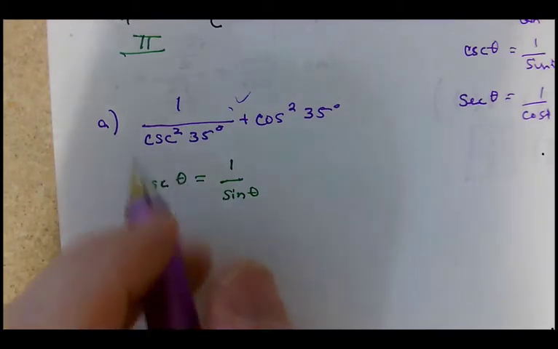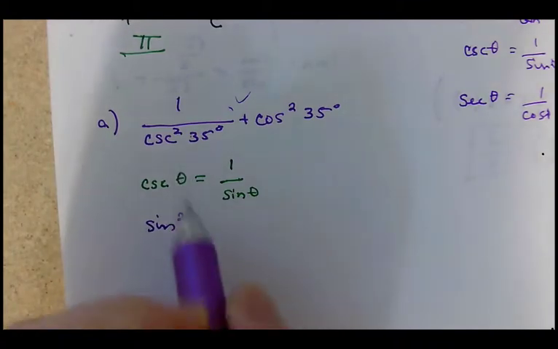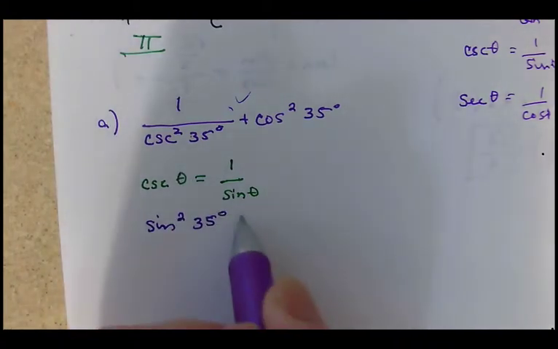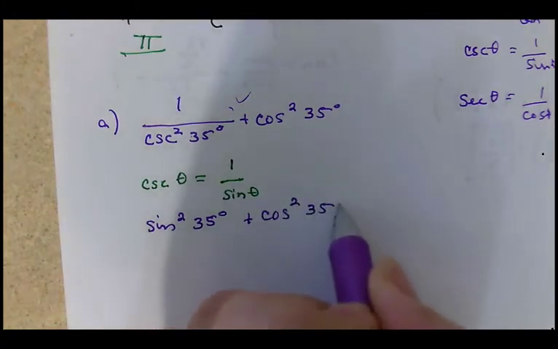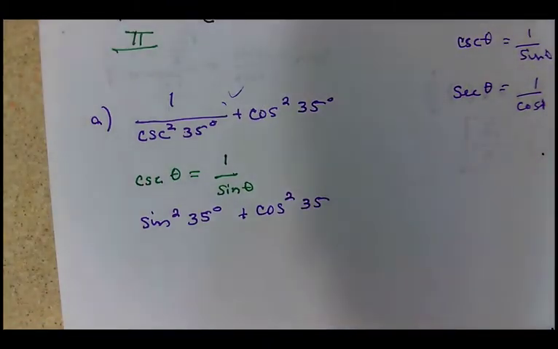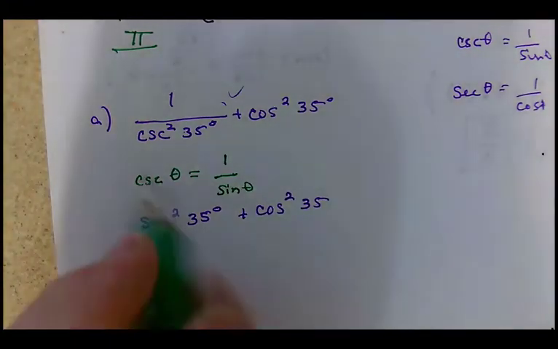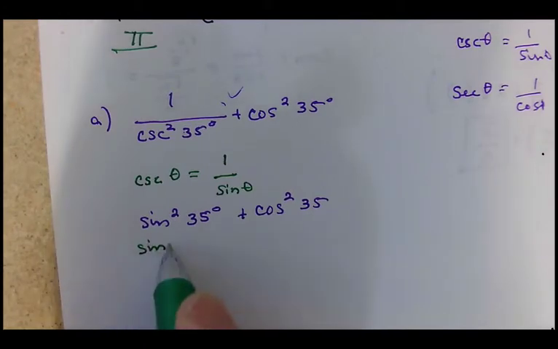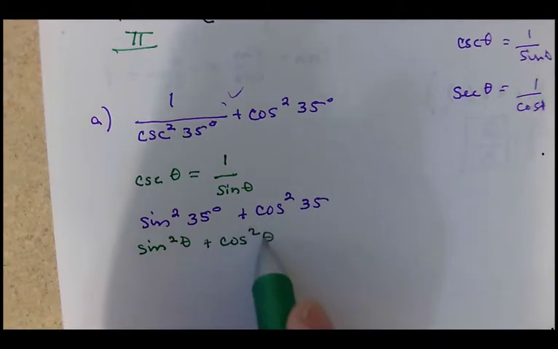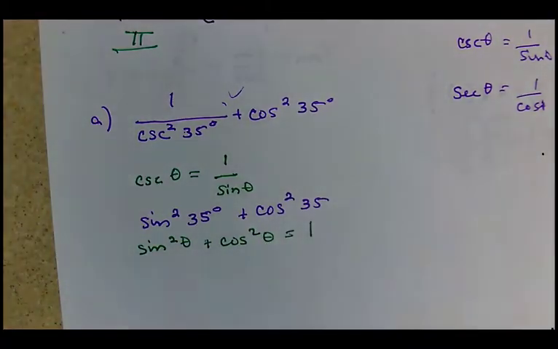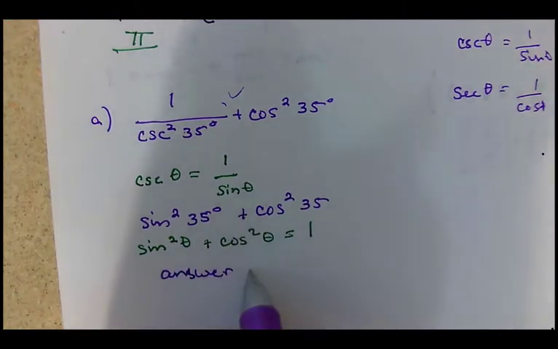I can rewrite this as sine squared of 35 degrees plus cosine squared of 35 degrees. What does this equal? Well, again, we had another identity that said sine squared of theta plus cosine squared of theta equaled 1. In this example, our answer is equal to 1.